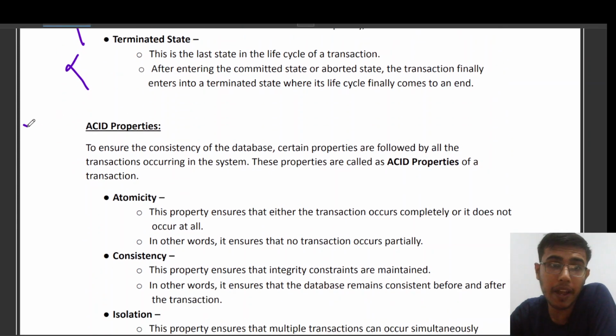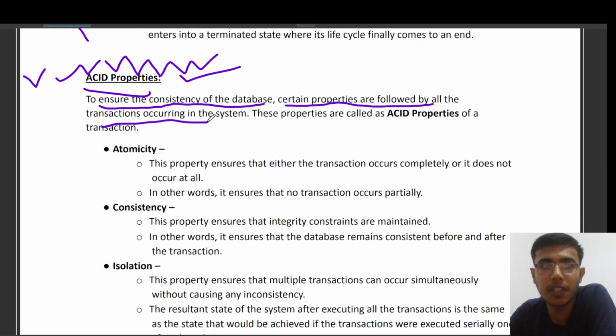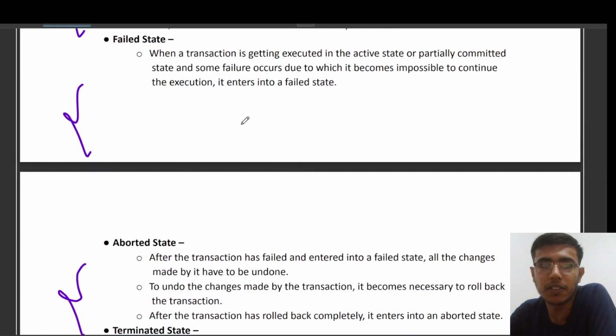Now, ACID properties, a very important topic in database management systems. What are ACID properties? To ensure the consistency of the database, certain properties are followed by all the transactions occurring in the system. What is a transaction?